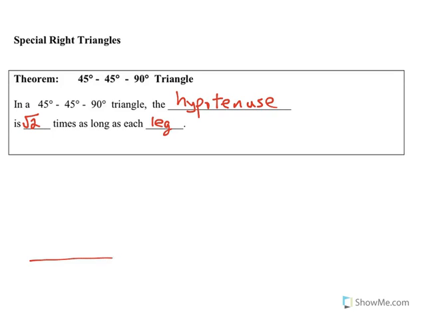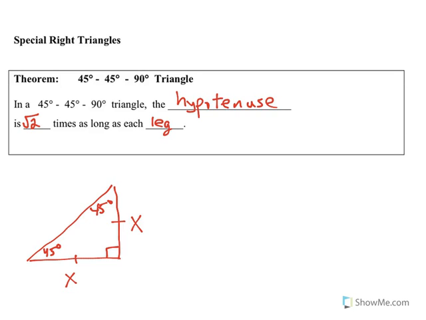So what they are saying is if you have a 45, 45, 90, because you have two 45 degree angles, your two legs are going to be identical. So let's say this is some side length, we'll call it x. That means this side length over here is also the same length, call it x.